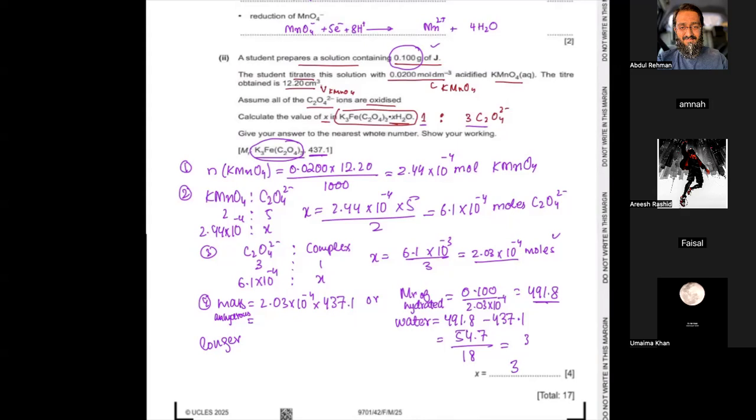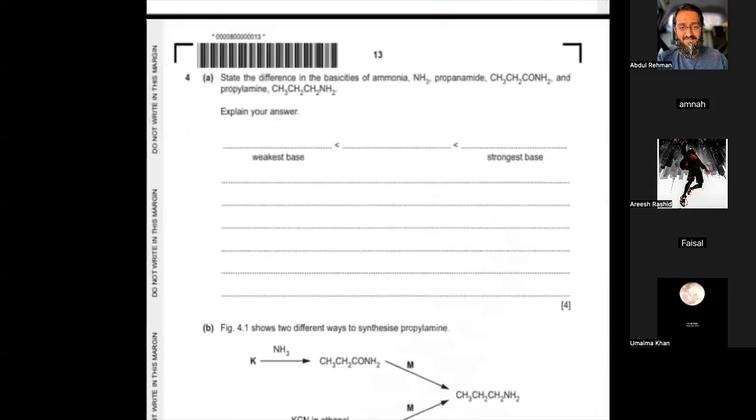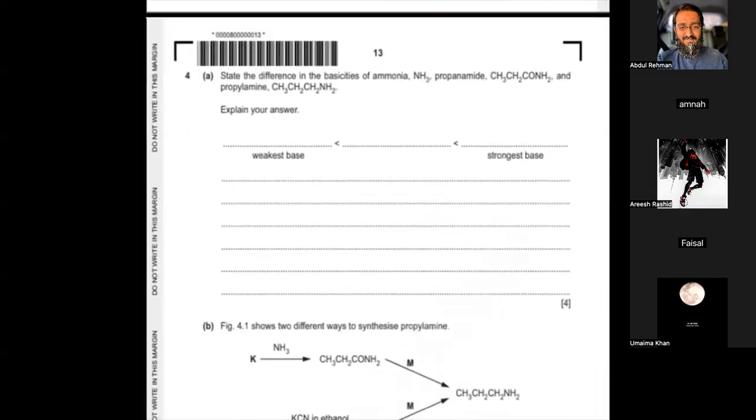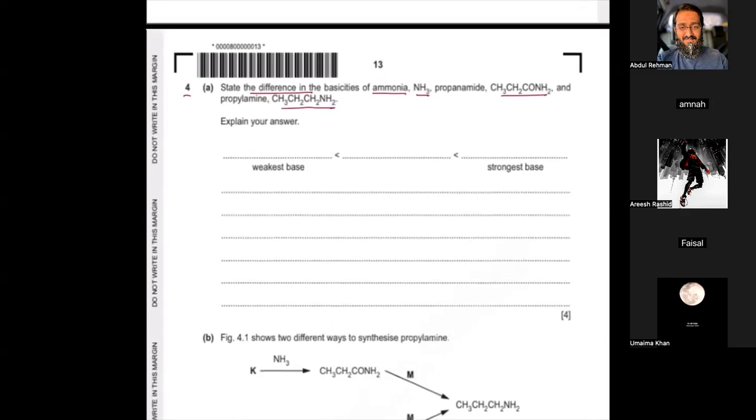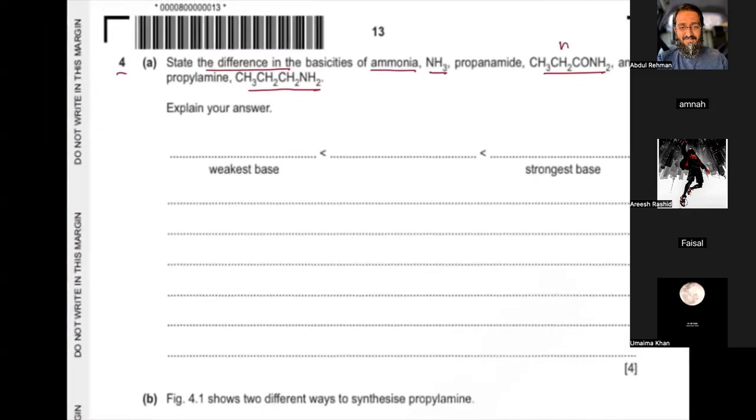Okay. Now, question number 4. State the difference in the basicities of ammonia, propanamide, and propylamine. So if you recall, amides are relatively considered as neutral. It's a weak base, as ammonia has no electron donating group, and it is a relatively stronger base.